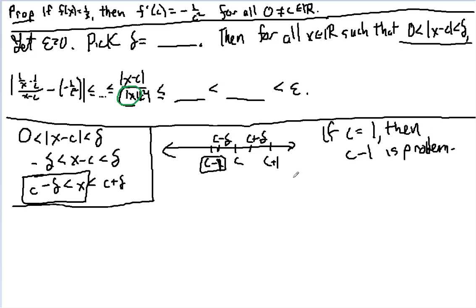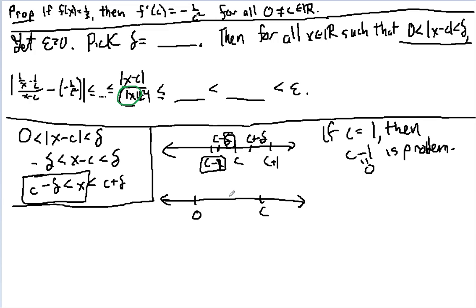So in other words, if I pick c minus 1 to be my lower bound, if I guarantee, if I write myself a post-it note, that c minus delta is going to be within c minus 1, I could replace it with c minus 1, but then I'd have c minus 1 equals 0, and I'd be dividing by 0, which is no good. So instead, let's temporarily assume that c is positive. I'll handle c negative very soon.